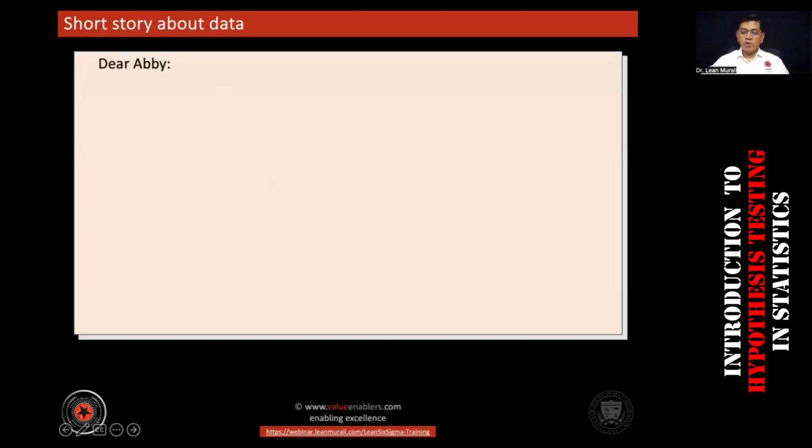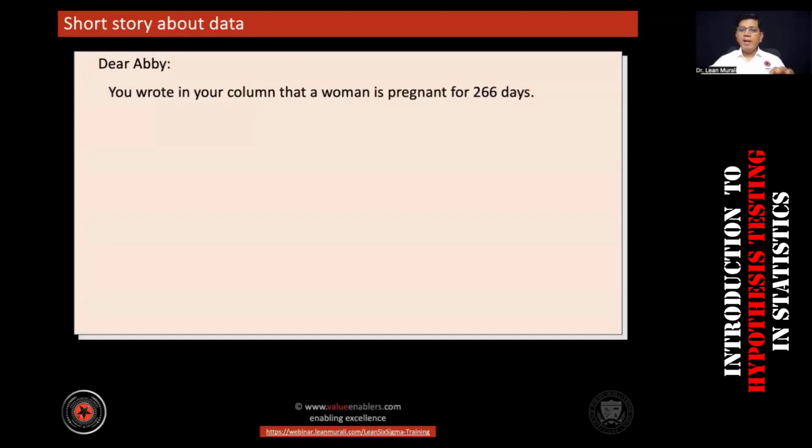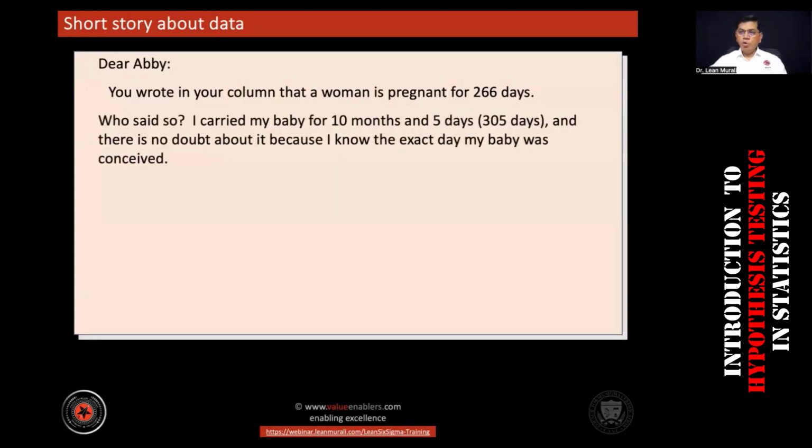A short story about this data. Dear Abhi, you wrote in your column that a woman is pregnant for 266 days. Who said so? I carried my baby for 10 months and 5 days, which is 305 days.